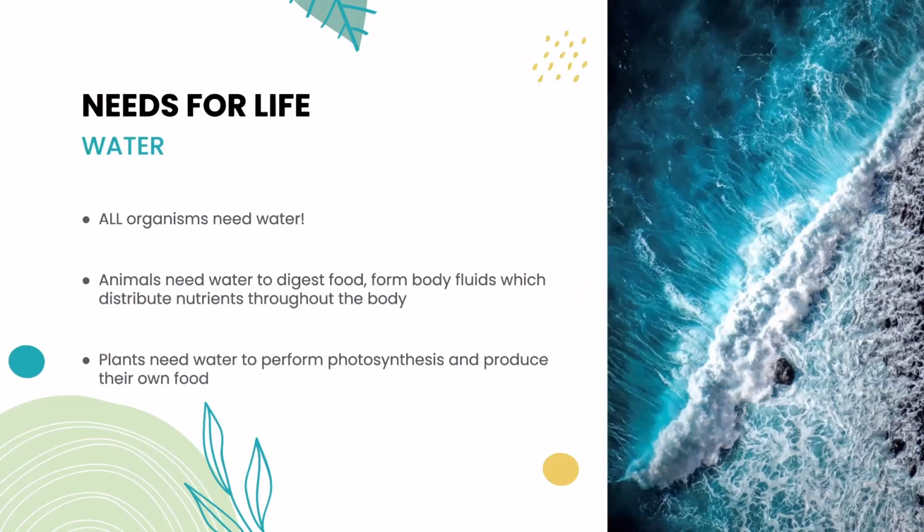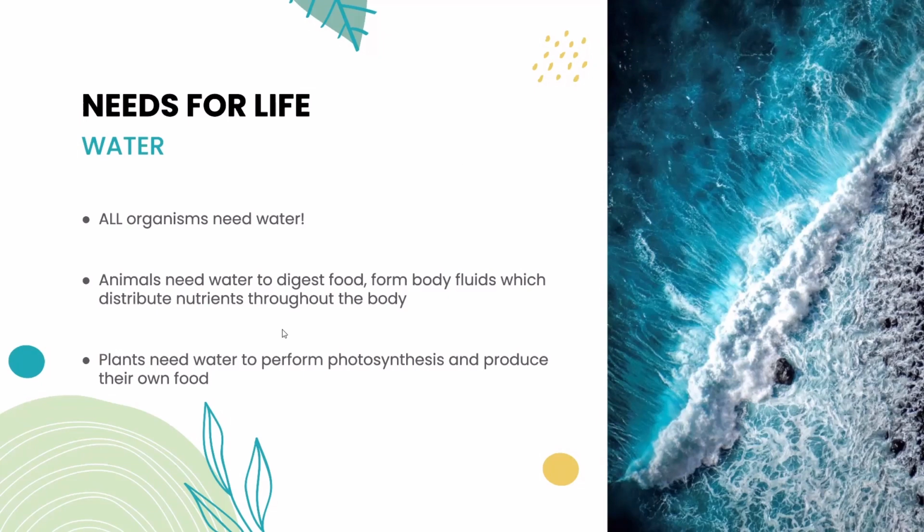Water is an important one because, as you saw before, it might be a habitat for some animals like fish, marine life, and marine plants. All organisms need water. You might have heard of NASA looking for water on other planets. Water basically signifies that there might be life on the planet or there was life on the planet.